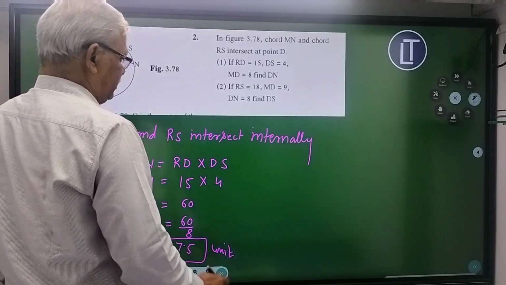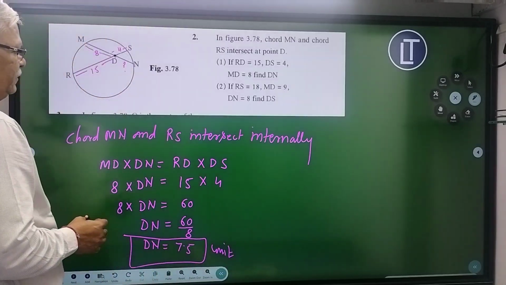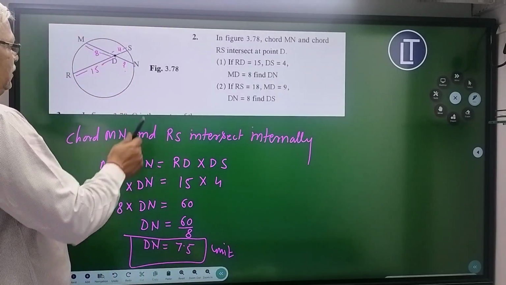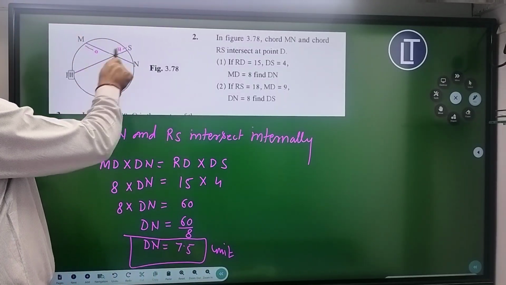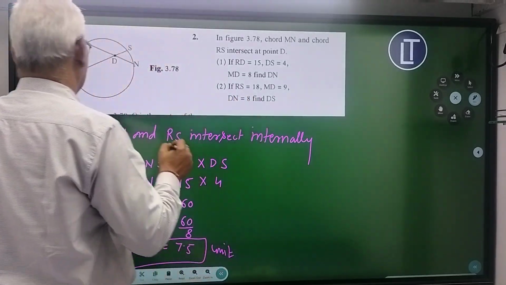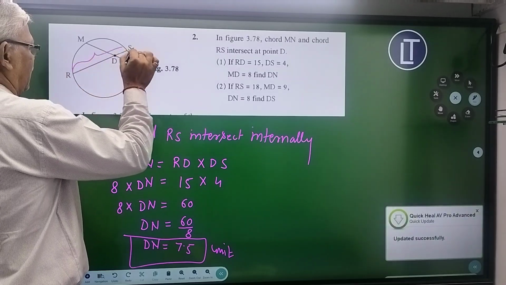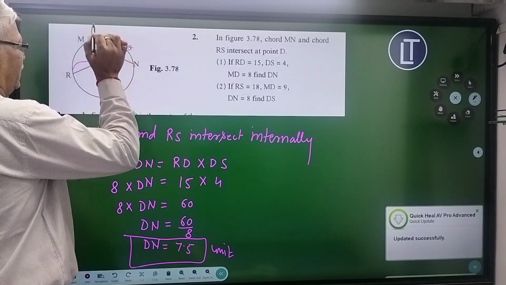After this, here we have the second question. The radius is 18, here this total distance RS is given 18.